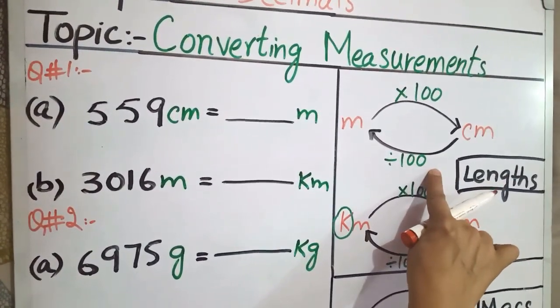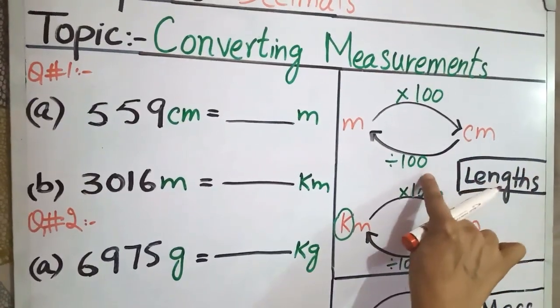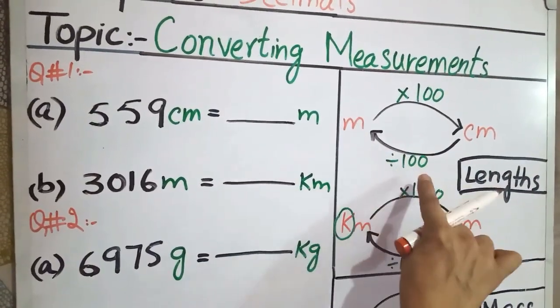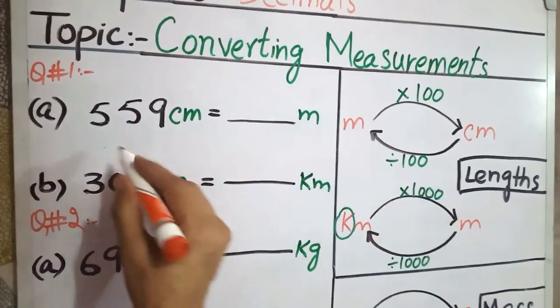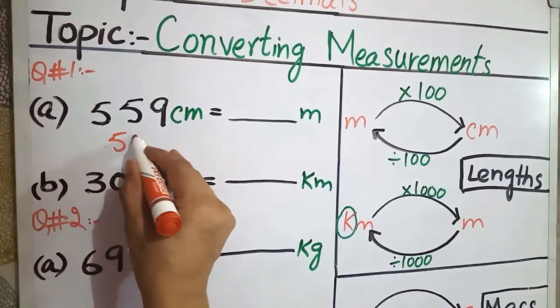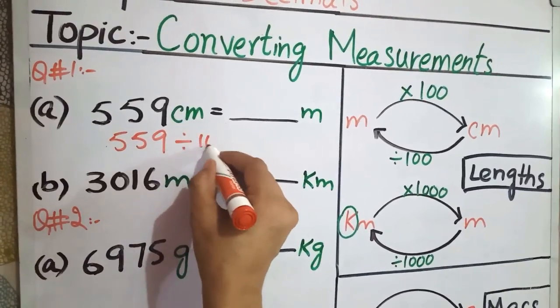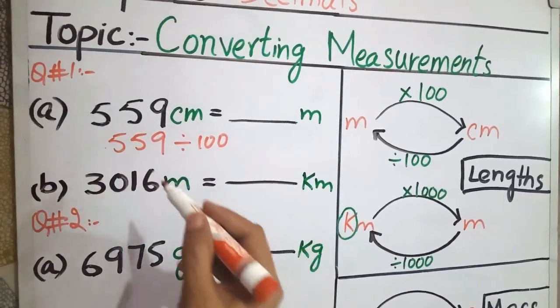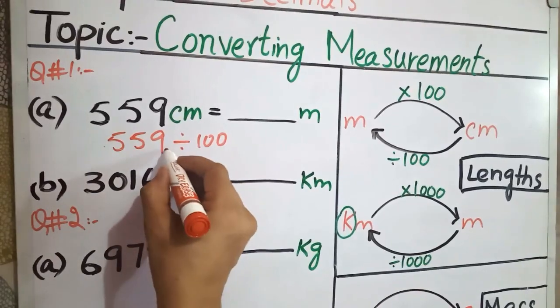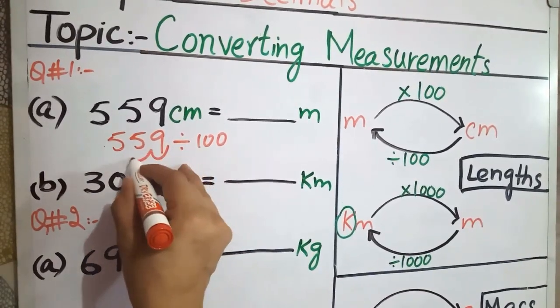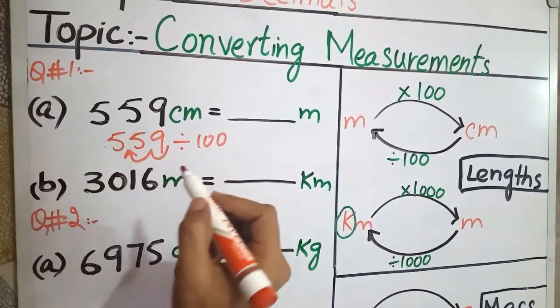In this scheme, when centimeter is converted to meter, we divide the number by 100, and the decimal point will move 2 times towards left.